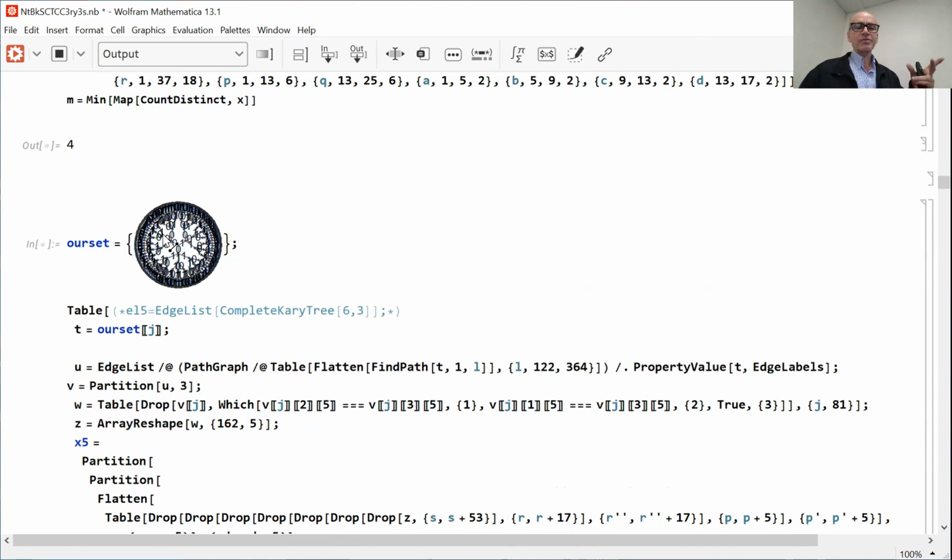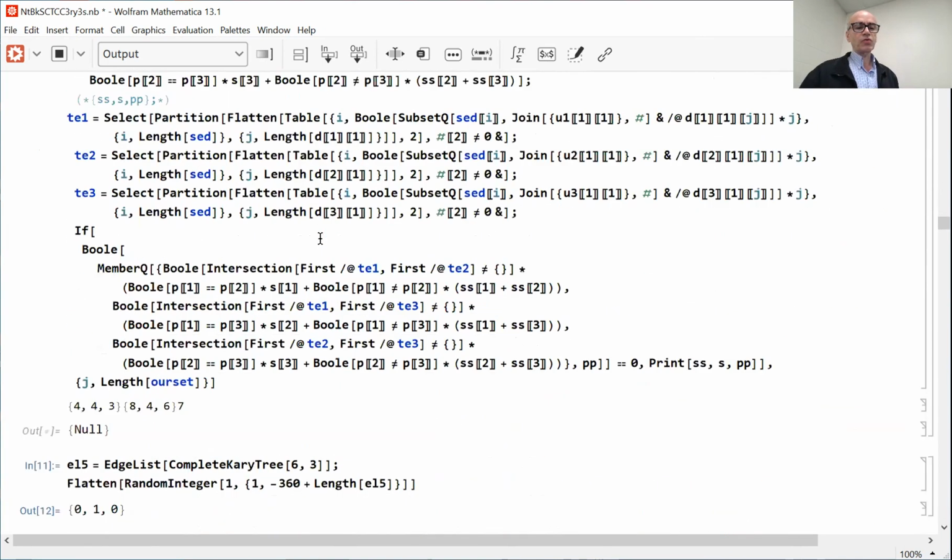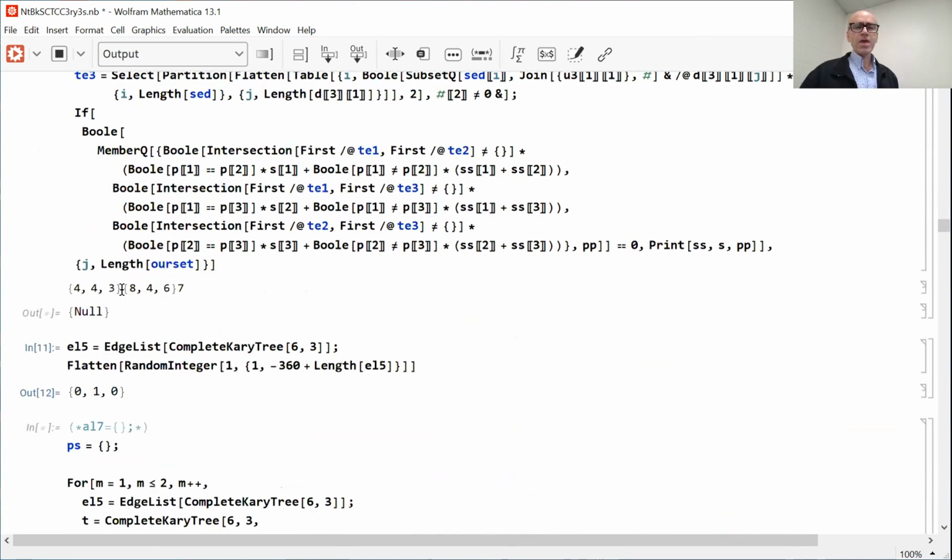So let us say the Northwest, the South, and the Northeast children of these trees of depth 5. Those would have weights 4, 4, 3. And if you compare pairs of them in the order that I mentioned, one pair of them requires 8, one pair requires 4, one pair requires 6.